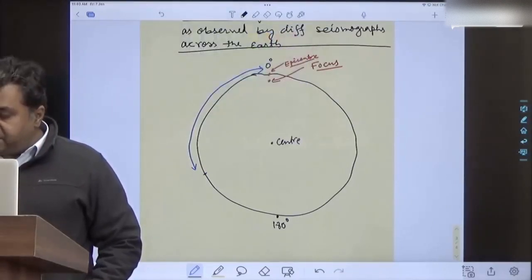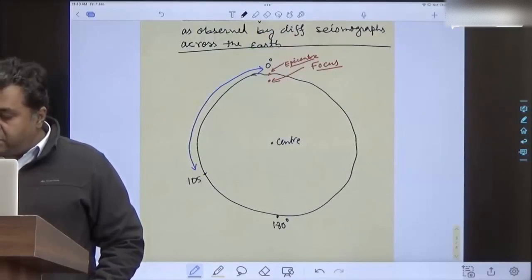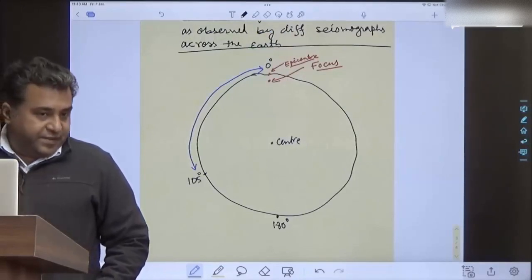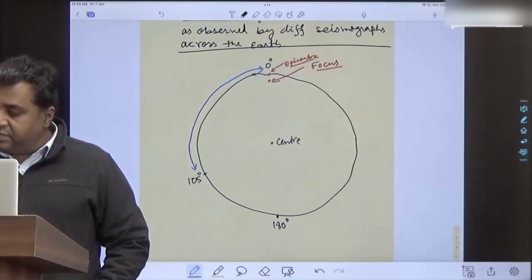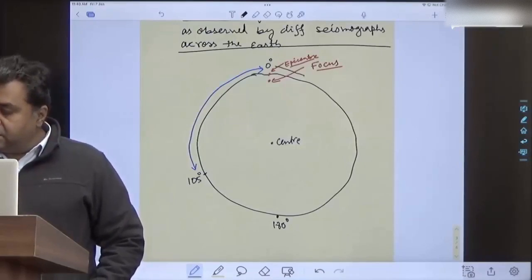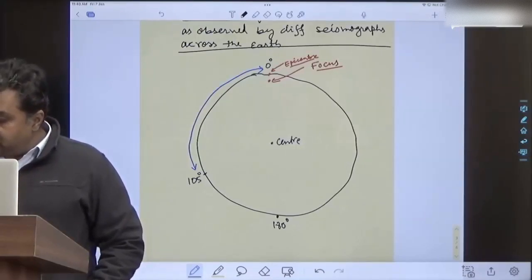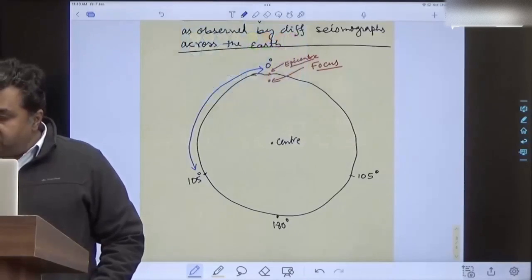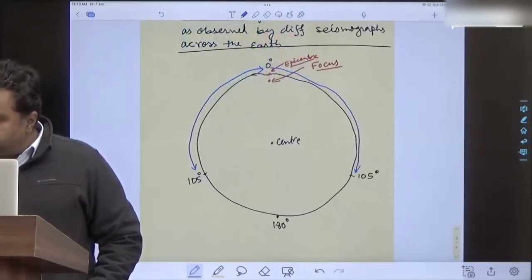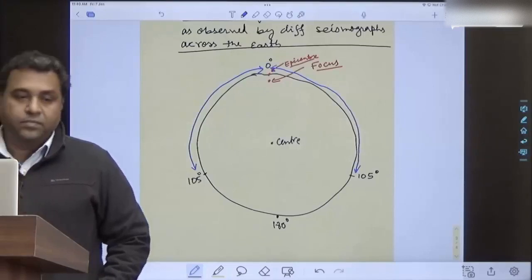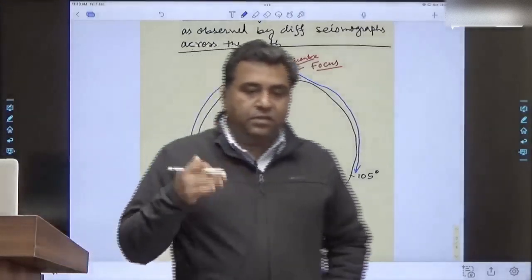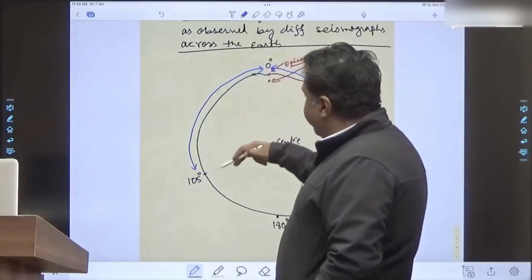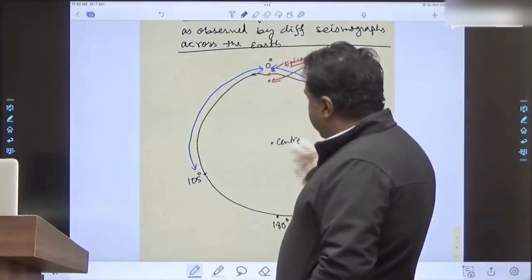S wave reach the surface of the earth from 0 degree up to 105 degree in all directions. Okay.